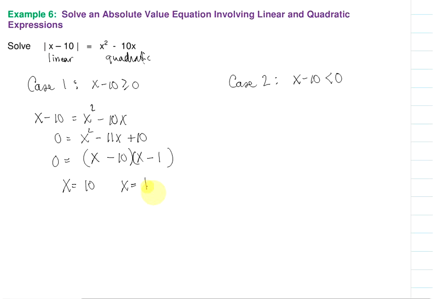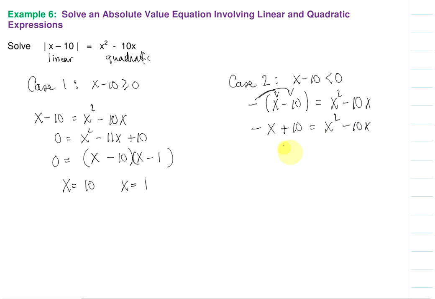Okay, and we go to our second case where x minus 10 is less than 0, so we want the negative version of that, and we make it equal to x squared minus 10x. We're going to distribute the negative, so we get negative x plus 10 equals x squared minus 10x.